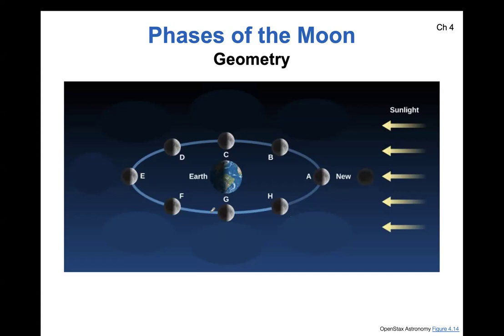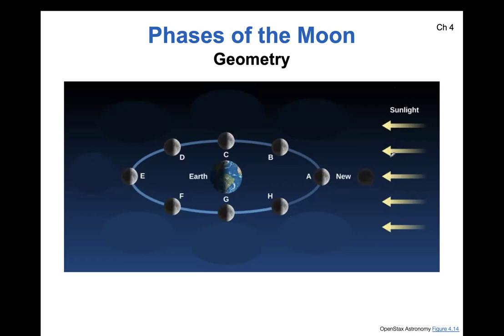One thing that initially we won't have to consider is both the orbit of the moon around the Earth combined with the orbit of the Earth around the sun. We'll only have to consider that combination of motion when we talk about eclipses. For now, we can imagine the sun as just being fixed in place. And that's what this incoming sunlight is going to represent.